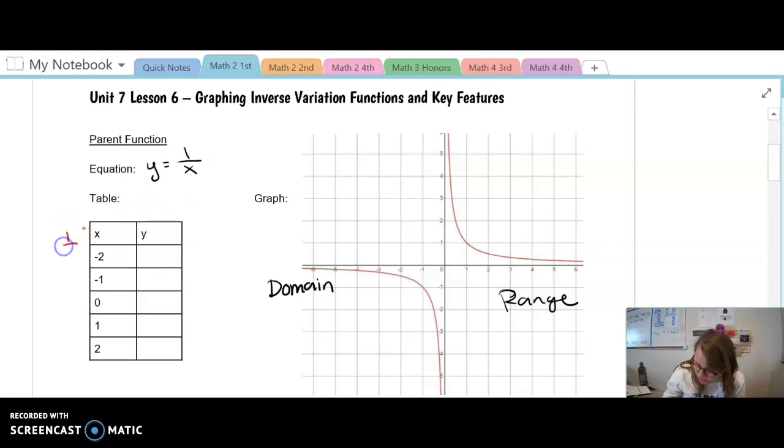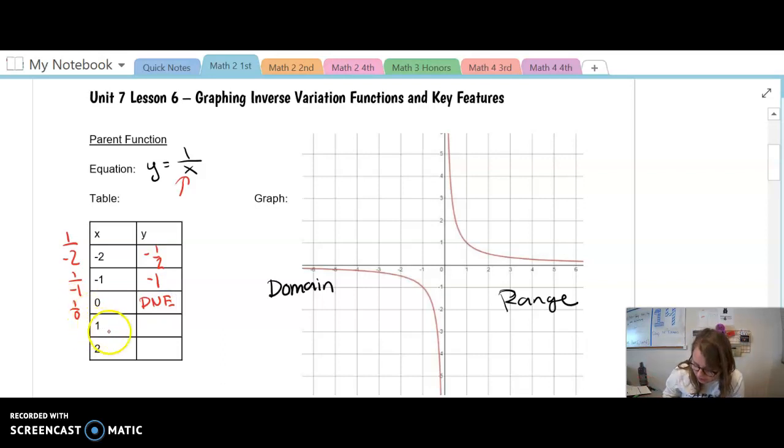So over here with x equals -2, I'm going to plug it into this equation here. I have 1 over -2, so that means that we have -1/2. Here we have 1 over -1, which is just -1. 1 over 0. What did we learn? We cannot have that. That is going to be DNE, undefined, whatever you want to call it.